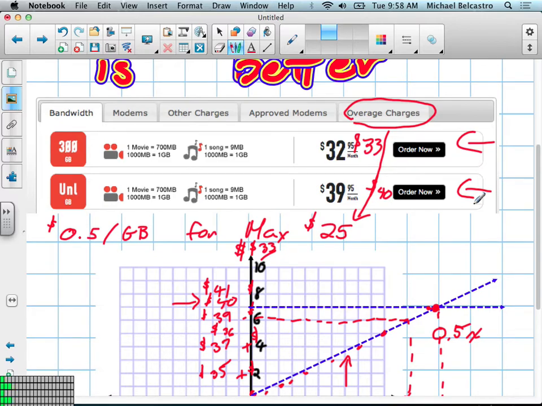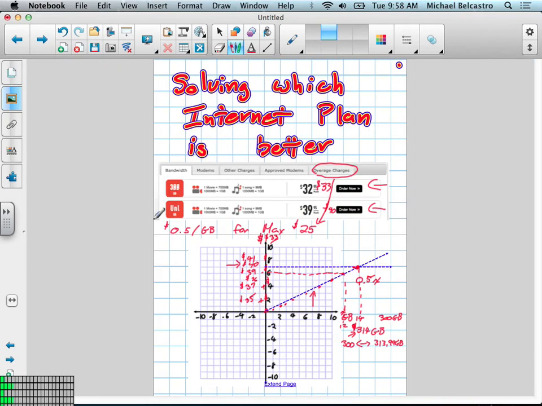And then I can continue to use as much as I like. Okay? So, even if you use over 300, there is a point where this first plan makes a little more sense. That small area between 300 and 313 roughly is where it makes more sense to use the first plan than it does the second plan. Okay?